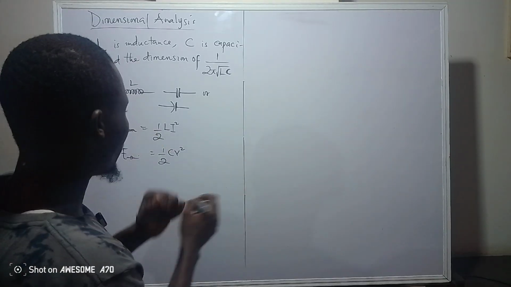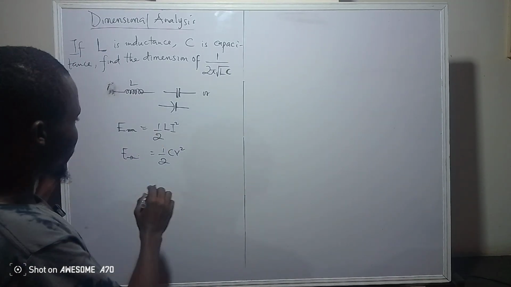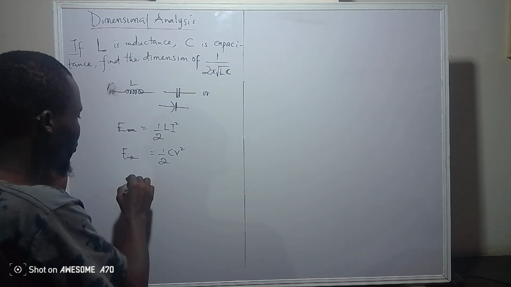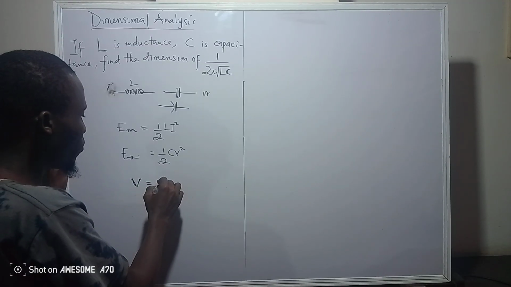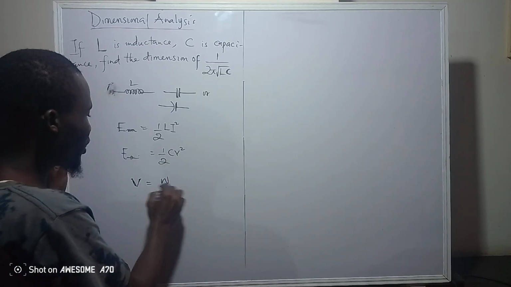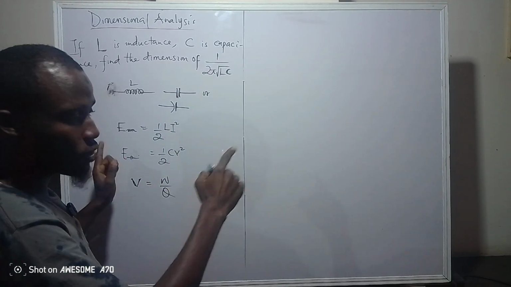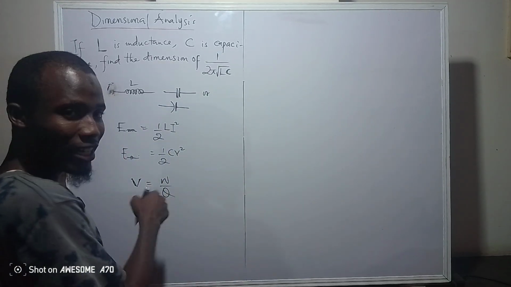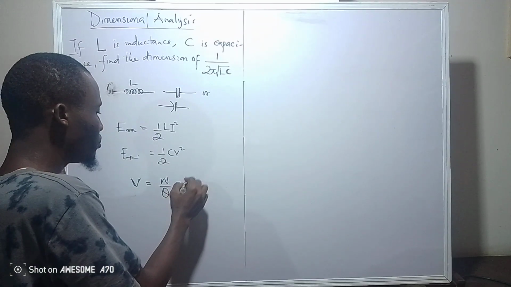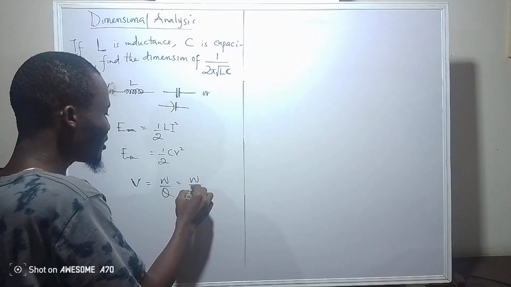Let's take it one after the other. To start with, V, the potential difference, is actually work done per unit charge, the work done in moving charges from one point to another in a circuit. Q is also the product of what? Current and time.